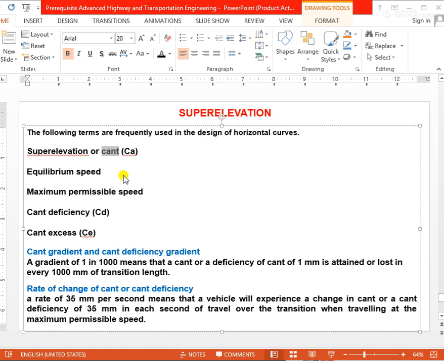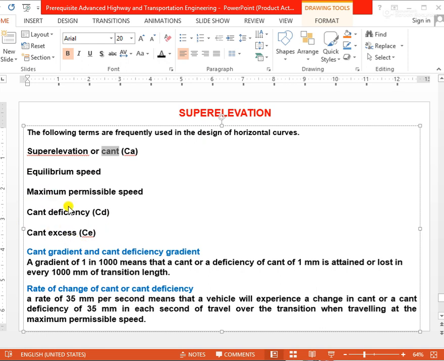So the speed which is maintained to satisfy this equation is the equilibrium speed, and due to the super elevation or cant, the centrifugal force is also completely balanced in that curved section. More details of the equilibrium speed will come.